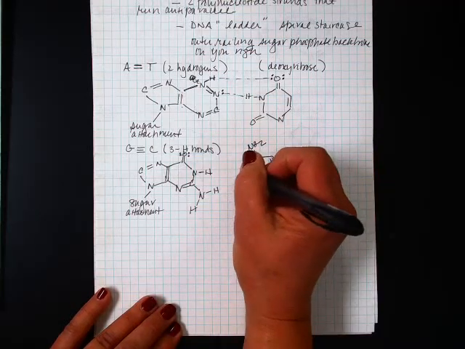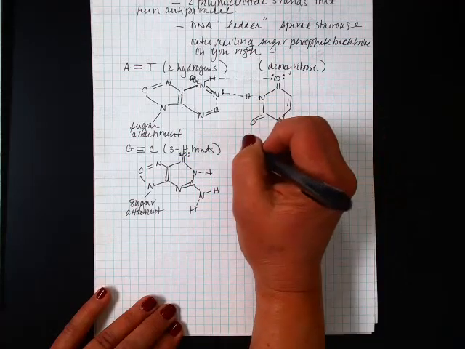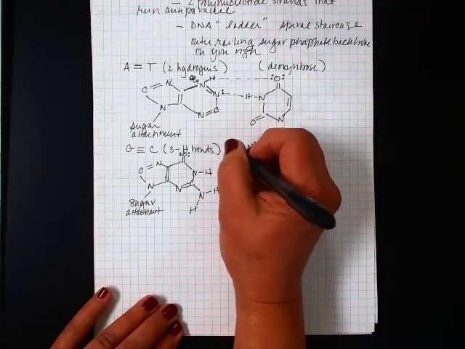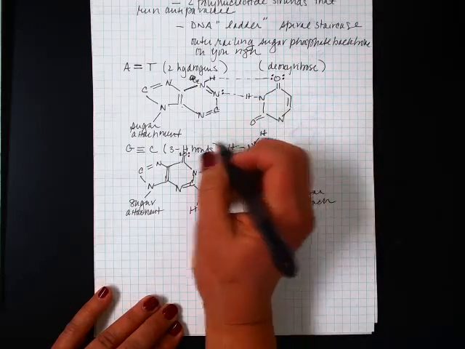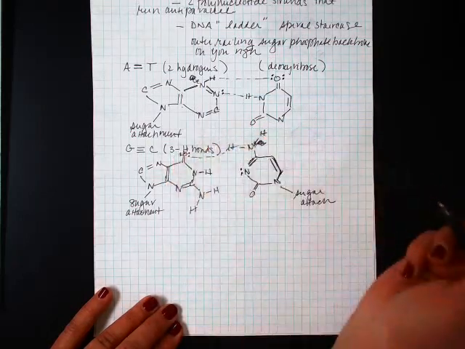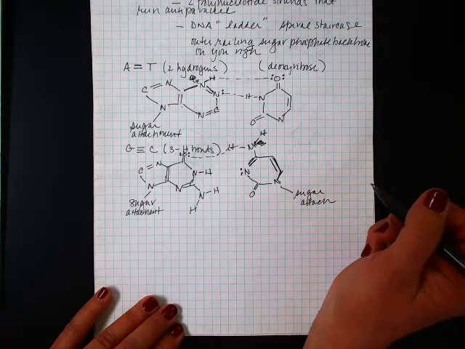So this hydrogen is going to hydrogen bond with a pair of electrons on that carbonyl group. This hydrogen is going to be attracted to the lone pair of electrons on that nitrogen atom.